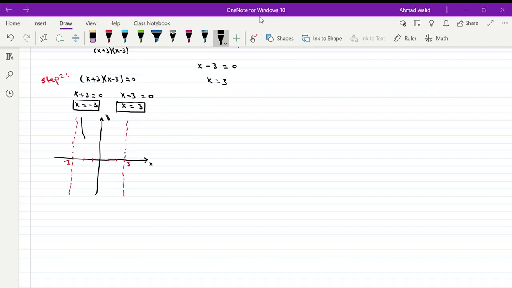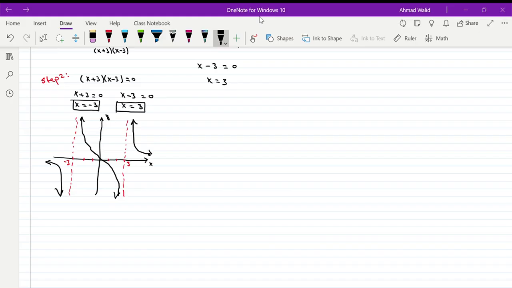For the time being, I'll just show it to you. The graph of this function is something like this. It passes through 0 and goes back like that. This side goes up like this, and this side goes down. This is the graph of this function, actually. Right now, I'm not talking about graphing.